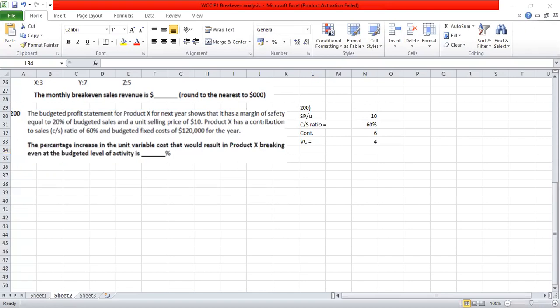If it is 120,000, the contribution which is generated should also be equal to 120,000. Percentage increase in unit variable.